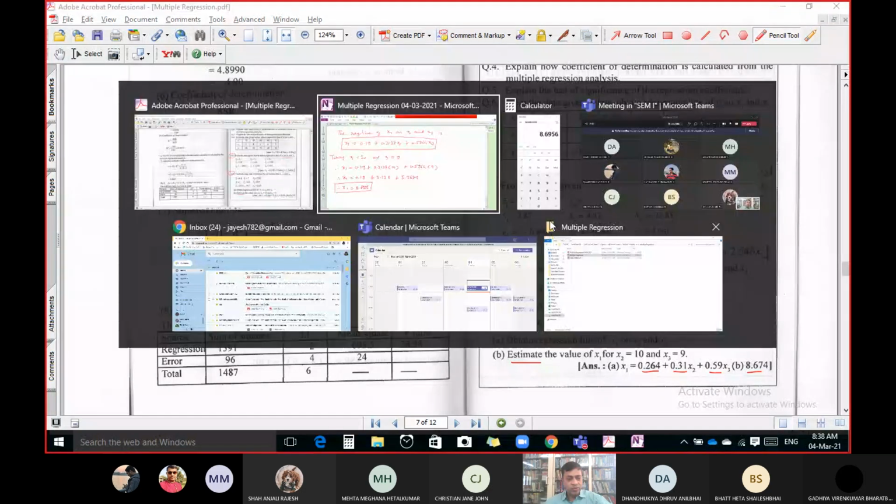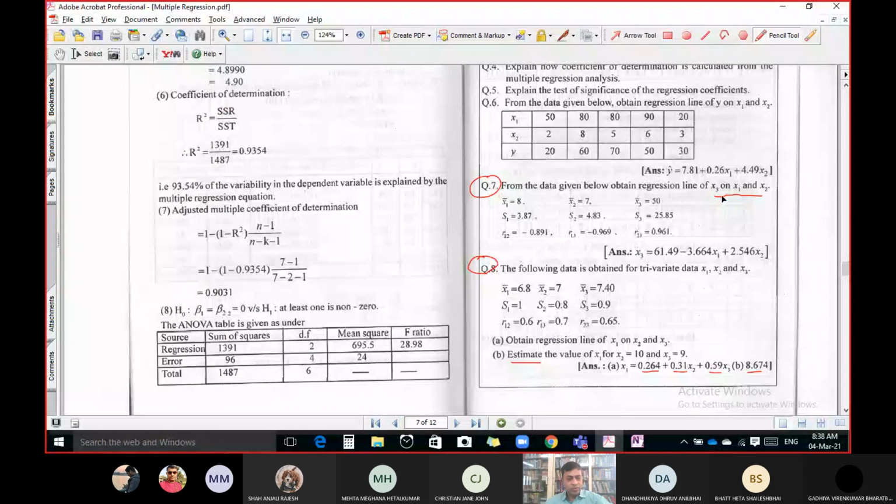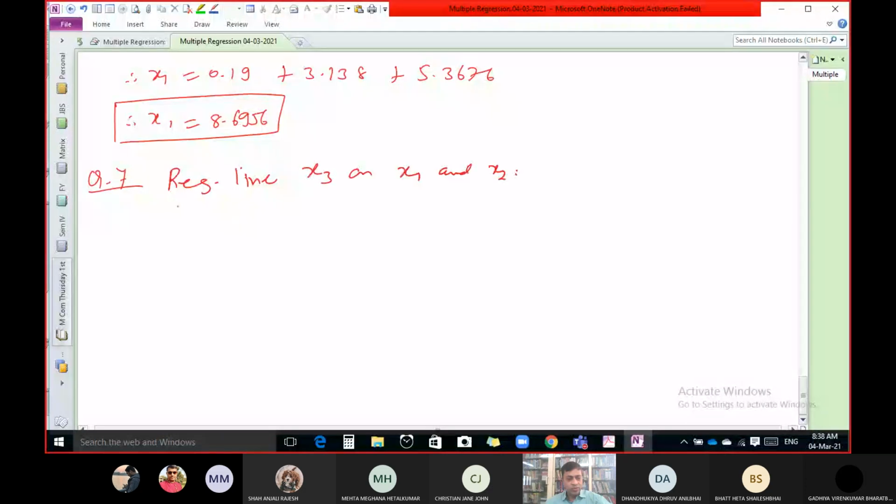Question number 7. So the regression line of x3 on x1 and x2.